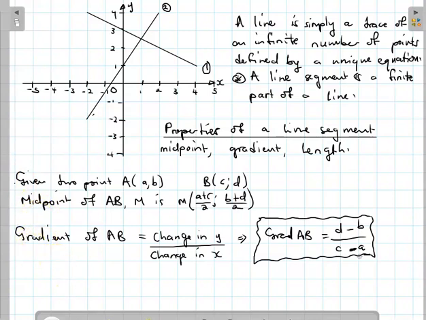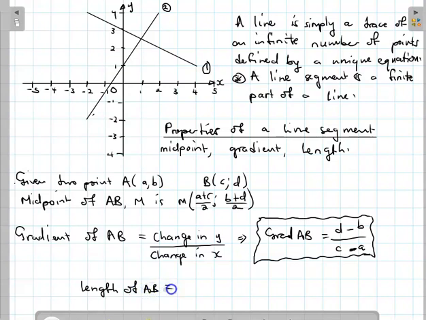Thirdly, the magnitude. We have done this in vectors. It's the same thing. Basically, vectors are best described using lines. So the gradient in some sort defines the direction of a vector, and then the magnitude. We've done the magnitude of vectors, which you can call the length of AB.